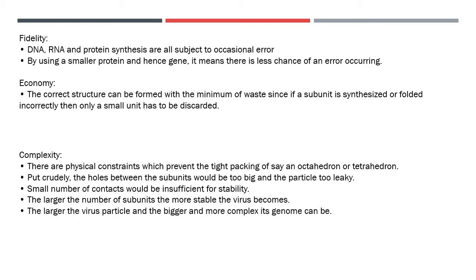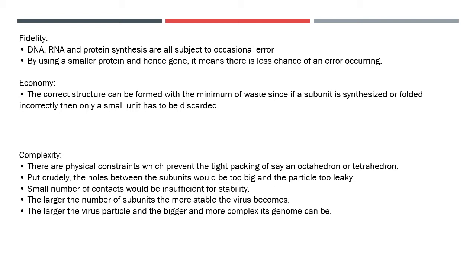So the larger the number of subunits, the more stable the virus becomes. The larger the virus particle, the bigger and more complex its genome can be. If the virus particle is large, then the genome of the virus is complex.